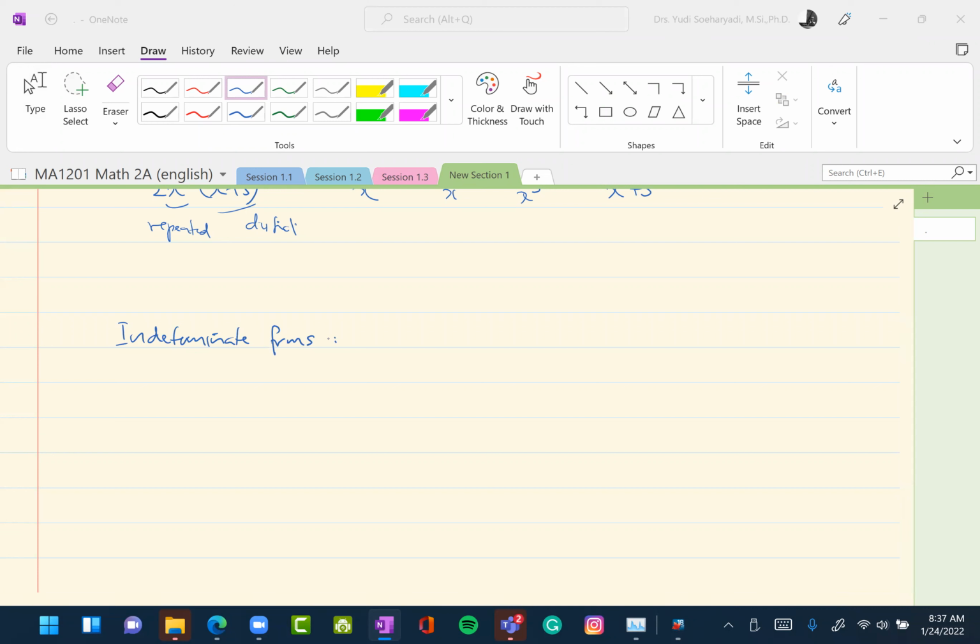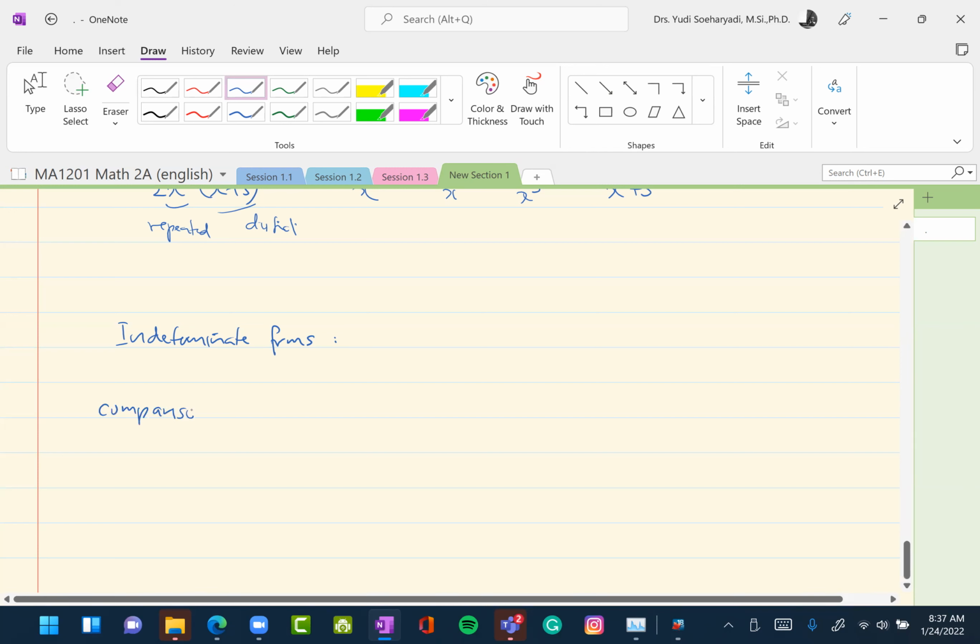Not really computation, just guessing here. For the most part, we are doing some comparison. I should say, comparing the size of A and B.